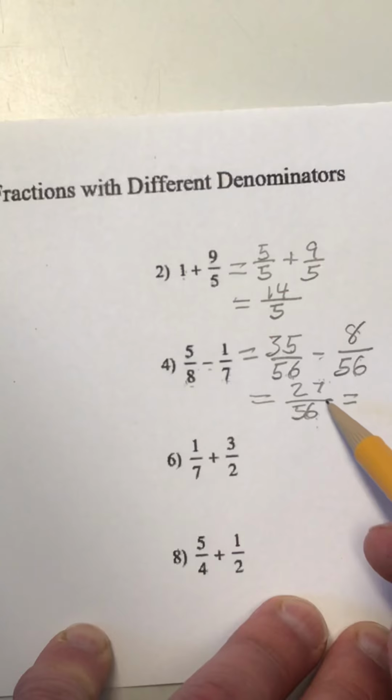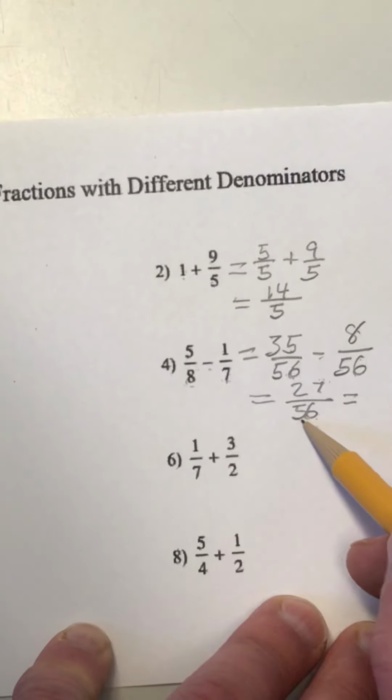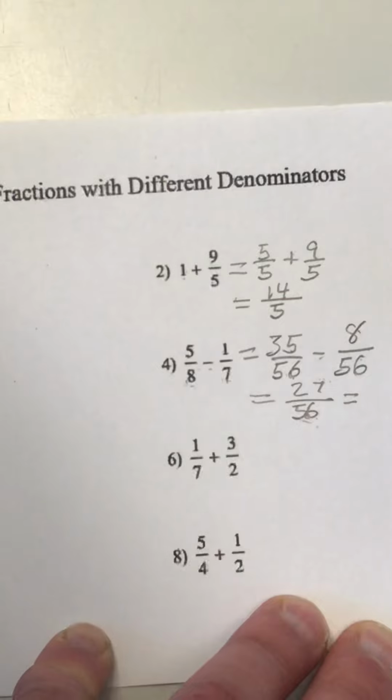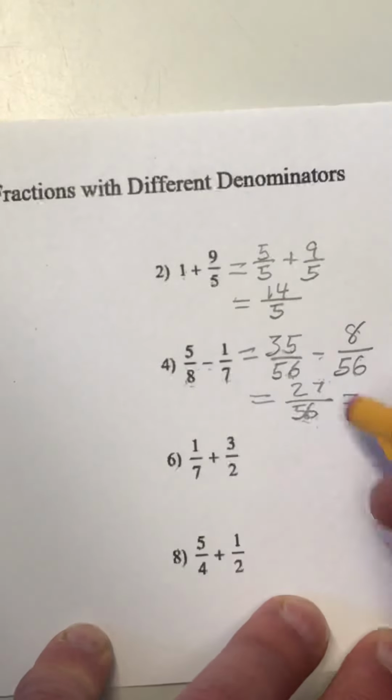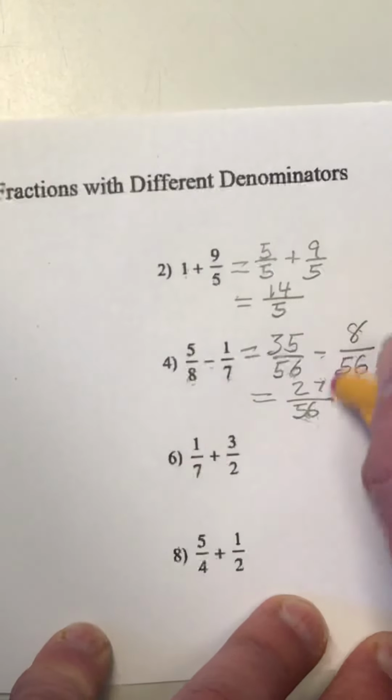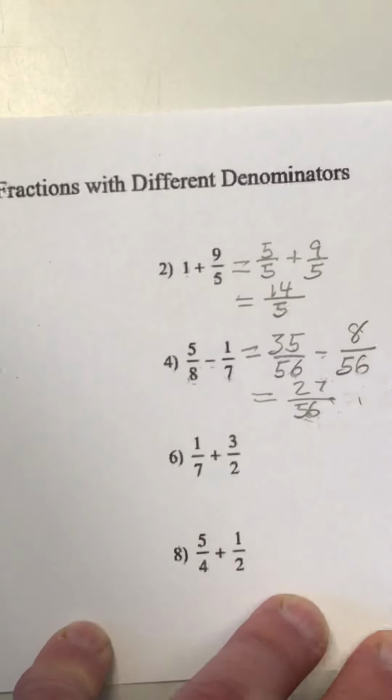Actually, will 3 go into 56? It won't, will it? It's 54 that we're thinking about. So, not 56. So, we're just going to have to leave it like that.